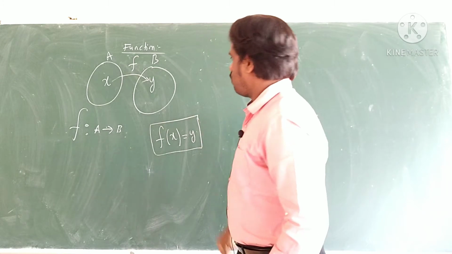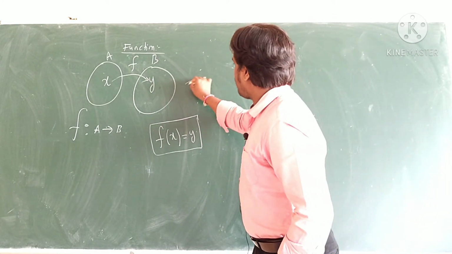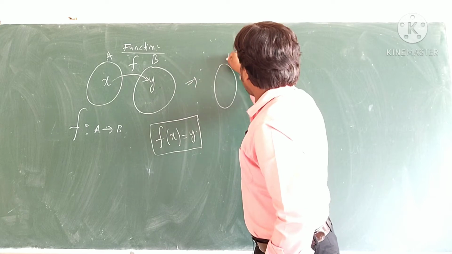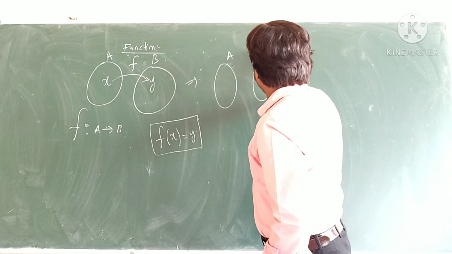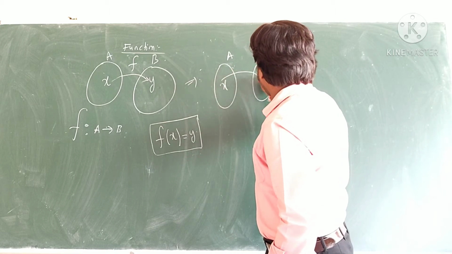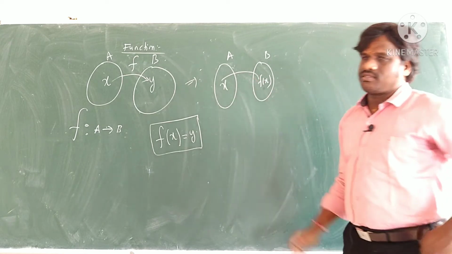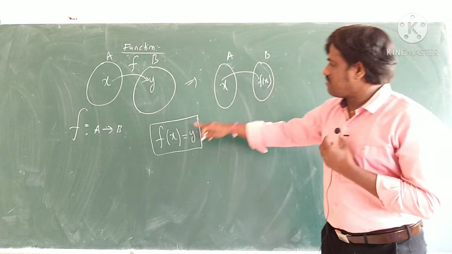If this is A and this is B, and this is x, then this is f of x, meaning the image of x. That image of x is y.